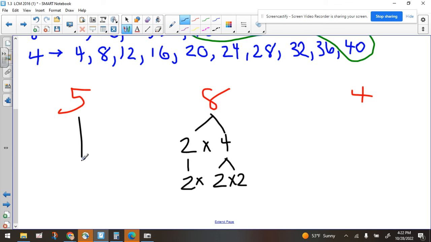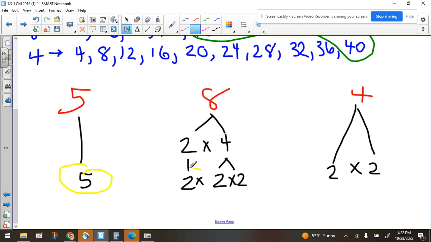All right, so remember 5 is prime, so I'm just going to rewrite that down here so we don't forget about it. 4, we can have that be 2 times 2, and that's finished. So our prime factorization for 5 is right here. Our prime factorization for 8 is right here. Our prime factorization for 4 is right here.